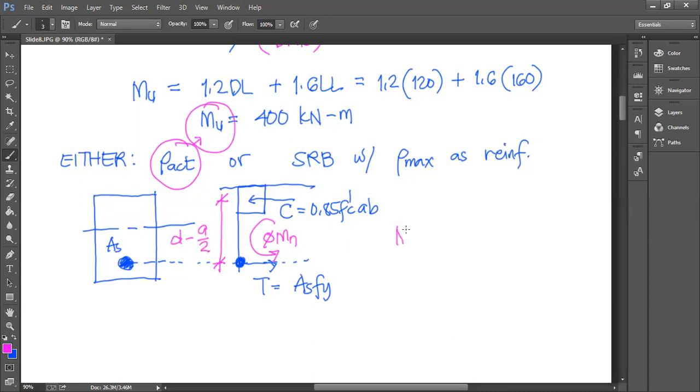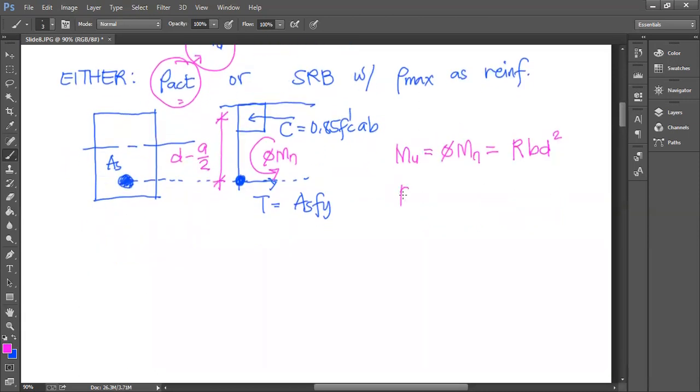Although alam natin na yung MU is equal to phi Mn, meron pa tayong other way para makuha yung ultimate moment na ibang way ang gagamitin natin. Yung raw actual. MU is equal to phi Mn or equal to the design ratio multiplied by B D squared.